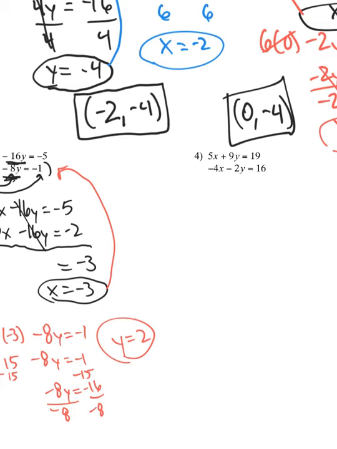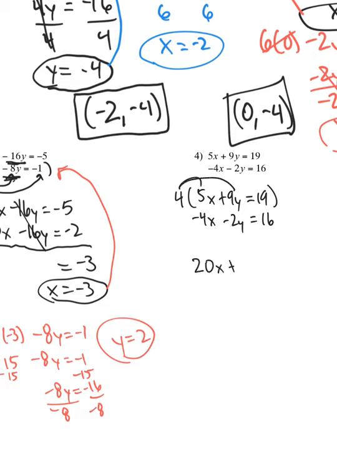So in this type of problem, what you end up doing is multiplying both equations by a number. Typically, if I want to eliminate my x's, well, what if I multiplied the top by 4? That would give me a 20x. I'll tell you why I'm picking that 4 in just a moment.